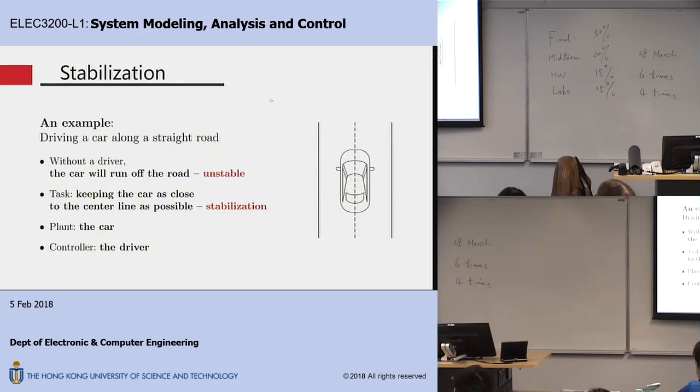The car is the thing we want to control. The driver is the controller. Of course, in this control system, it's not really automatic control. It's a manual, human control, so it's not an autonomous system. But later on, you can worry about how to replace the human driver by a computer. Then you will have an autonomous vehicle.